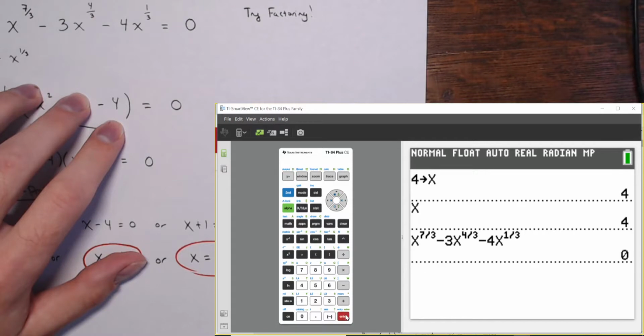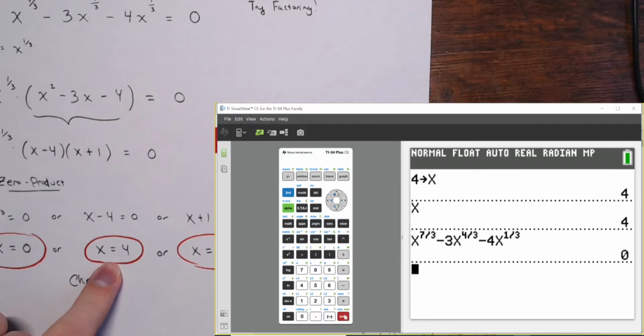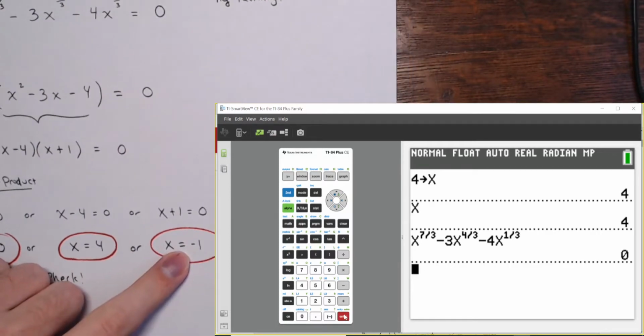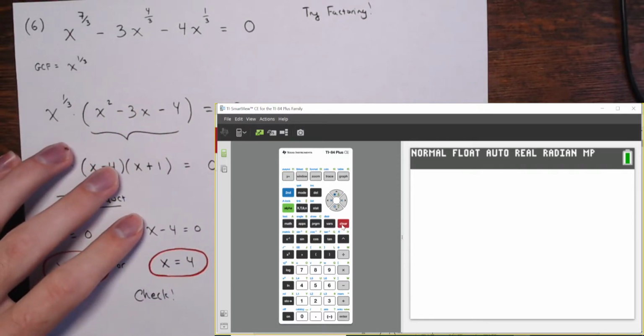And look at that, it does. Hooray. So 4 works, and I leave it to you to check negative 1 in the same fashion, using some sort of technology if you wish. But yeah, here we have an equation with 3 solutions.